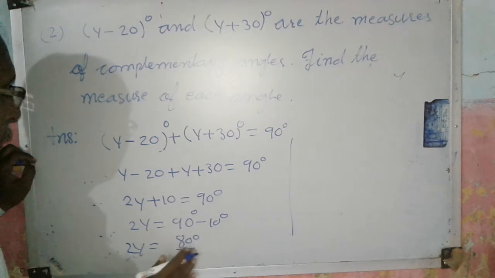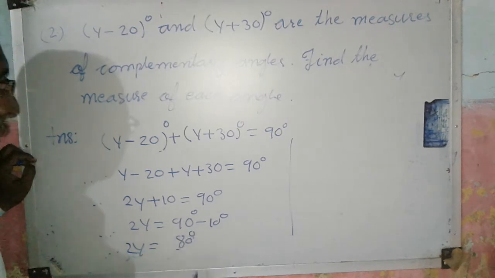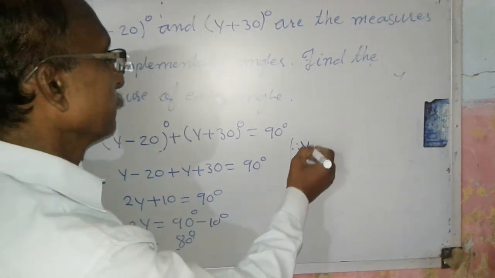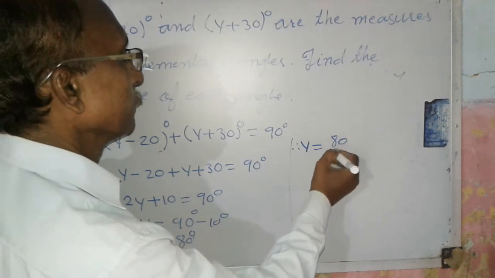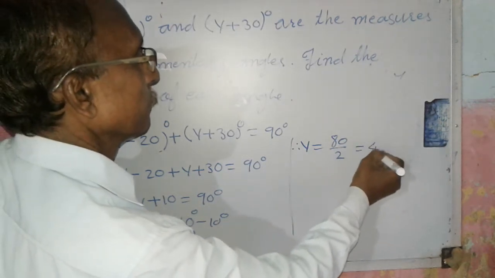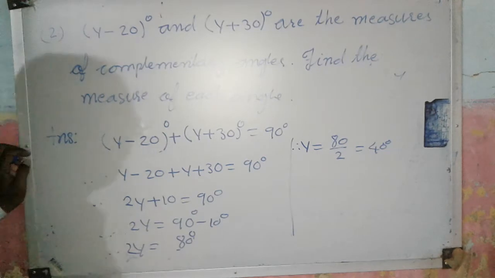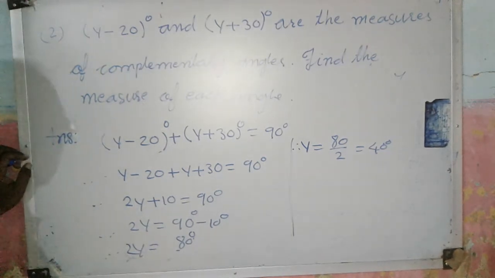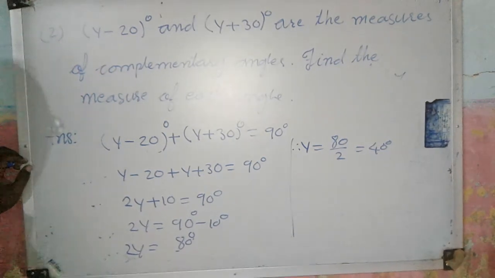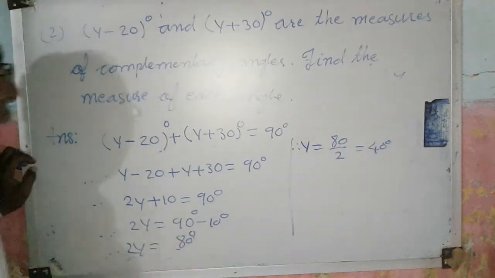So 2y is equal to 80 degrees. Therefore, y is 40 degrees.